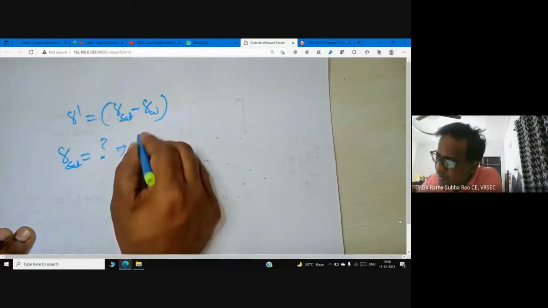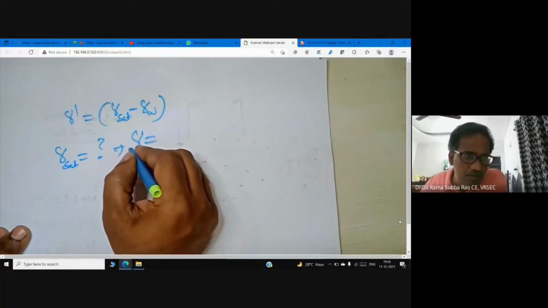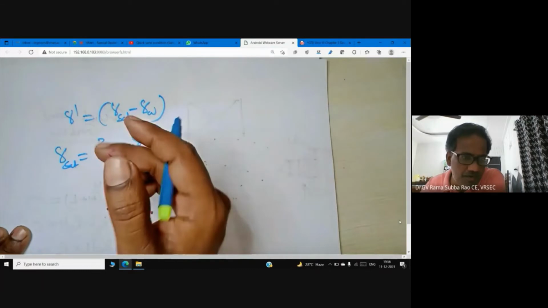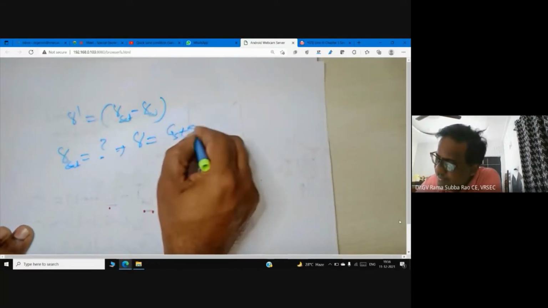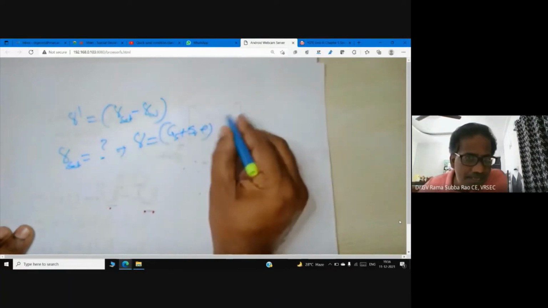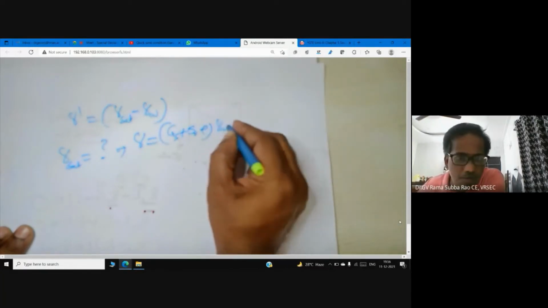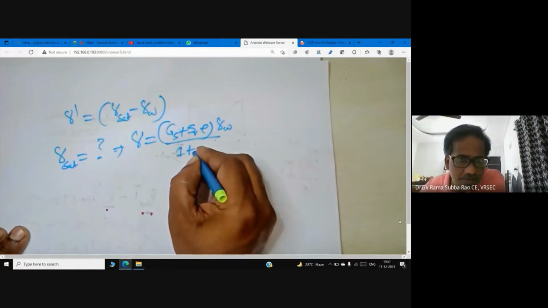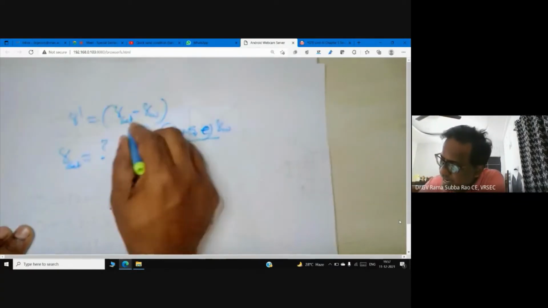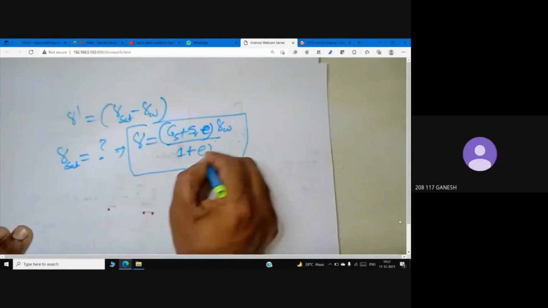We have one formula, which we are repeatedly discussing, even in sessional 1, unit 1. Gamma is equal to (G plus S e) into gamma W by 1 plus e.